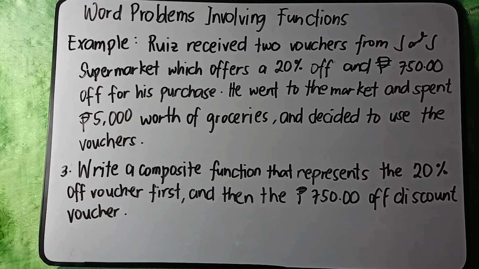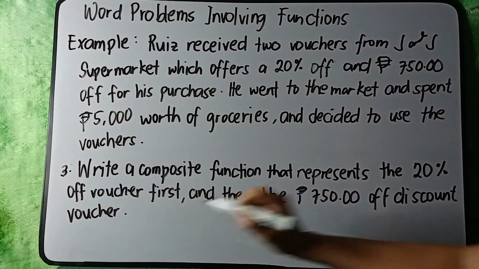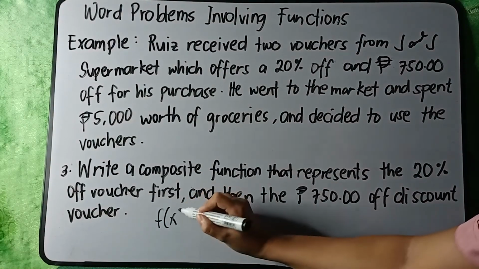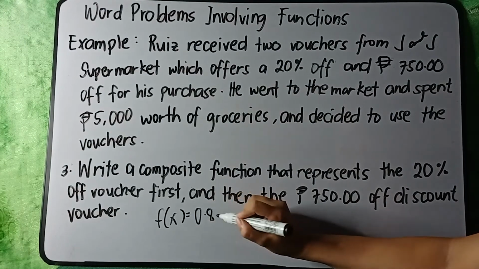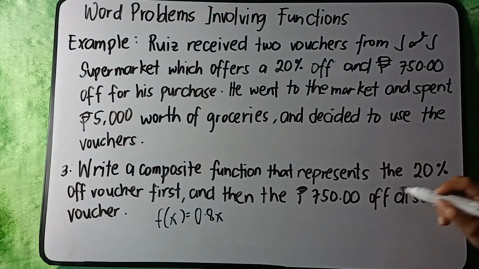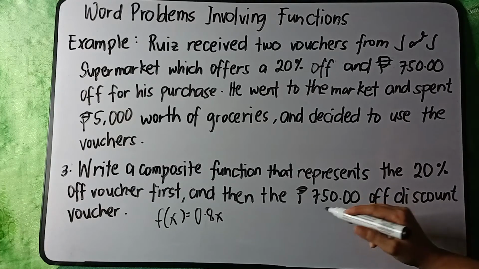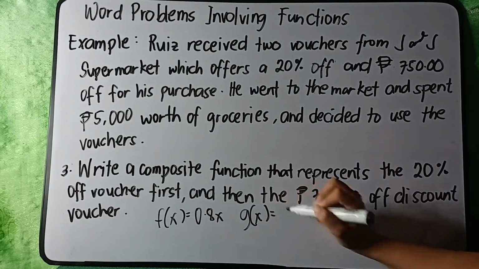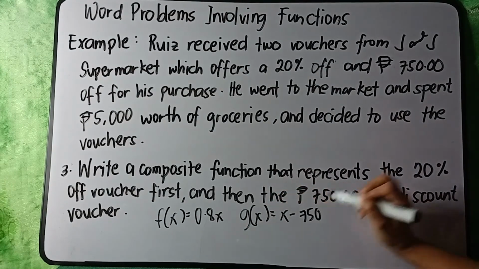For number 3, write a composite function that represents the 20% off voucher first and then the 750 pesos off discount voucher. So earlier, we got for number 1 the function that represents 20% off. So that is f of x, which is 0.8x. For number 2, we got the function for 750 pesos off discount. So that is g of x, which is x minus 750.